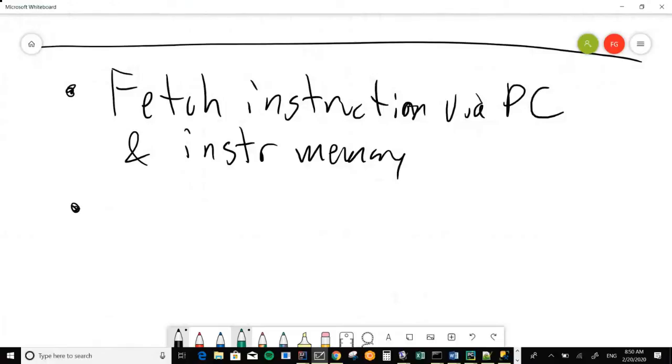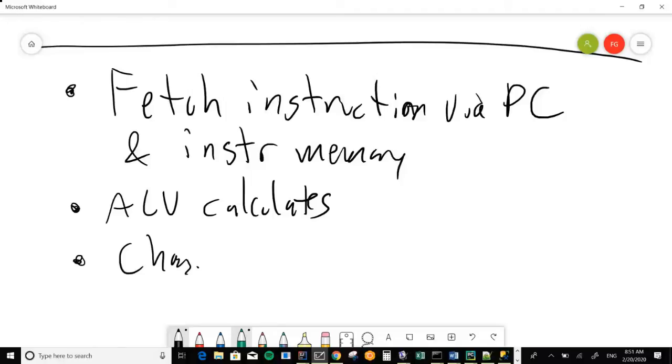Next, it does kind of two things in parallel. First, like Innocent mentioned, the ALU calculates something. And then kind of in parallel with this, we have change in registers or RAM.